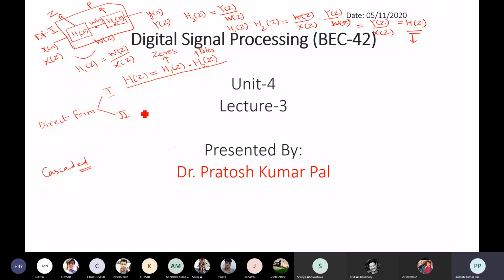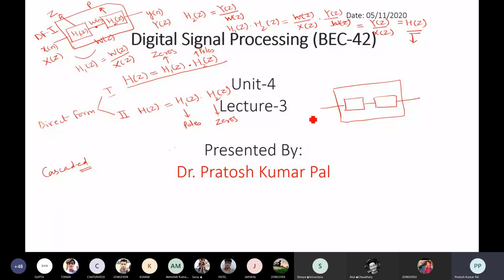Similarly, in direct form 2, the same way we represent the first term H1 of z and the second term H2 of z, but this first term will be represented by the poles, and the second term will be represented by the zeros. So in this case, this is H1 of z, this is H2 of z, and here the input x.